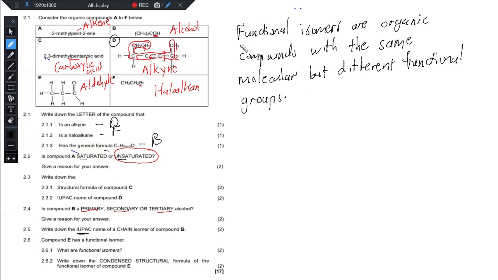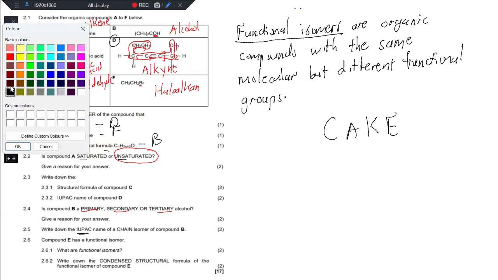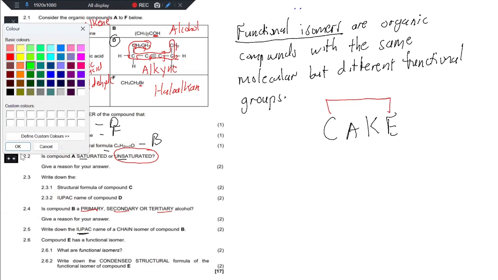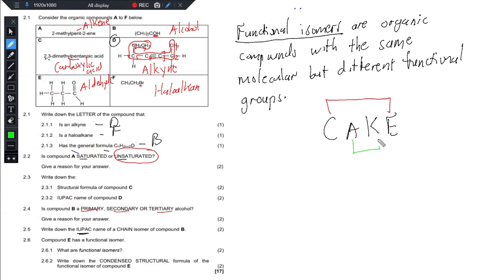So remember, every time we speak of functional isomers, I said remember CAKE, right? Where we have to note that the functional isomer to a carboxylic acid is an ester, and the functional isomer to an aldehyde is a ketone, right? So remember CAKE.